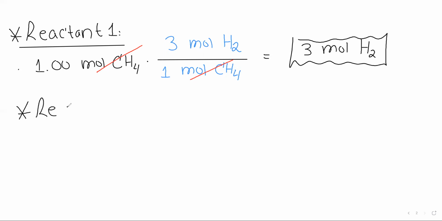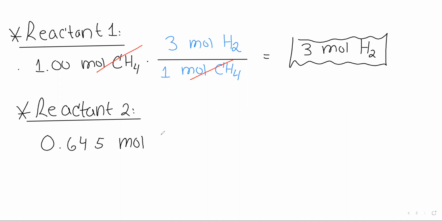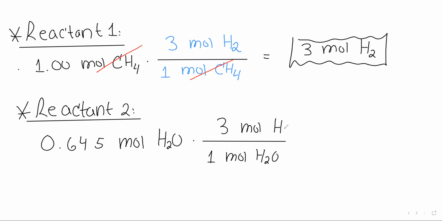Next, the amount of product generated in relation to reactant 2 is given by the following. Our moles of reactant 2, 0.645 moles of water. Next, we use the stoichiometric coefficients. There's 1 mole of water to every 3 moles of product.